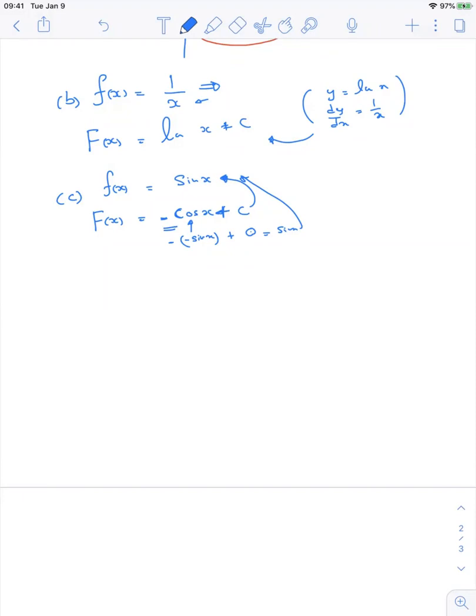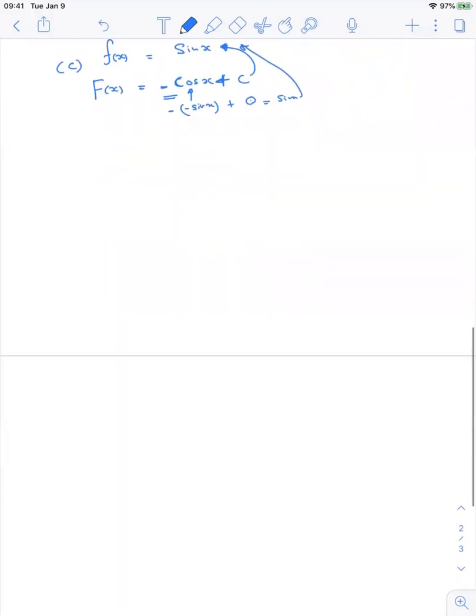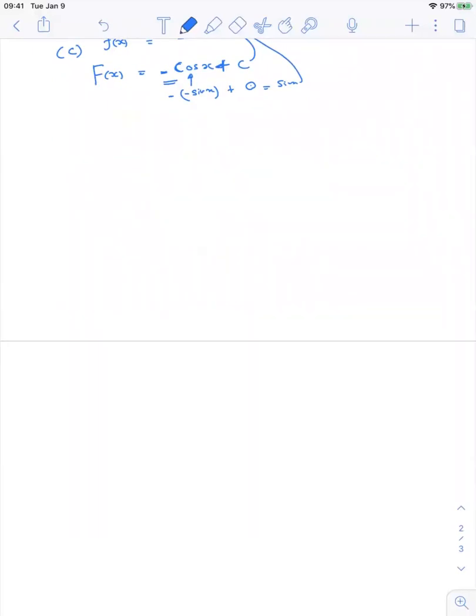Let me write it here just to make it clear. That's just to give you an idea about integration.